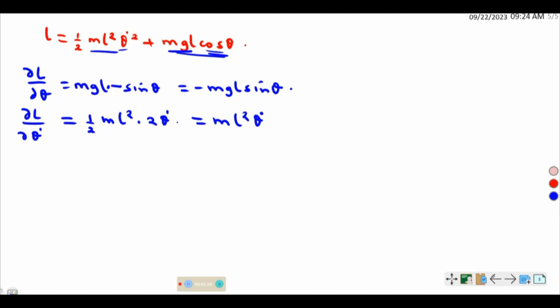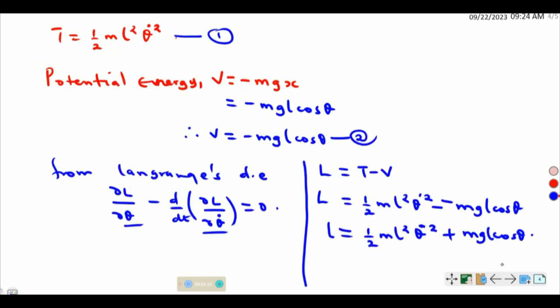Now let us substitute into Lagrange's equation. Lagrange's equation is this equation here, so we can give this one equation number 3.